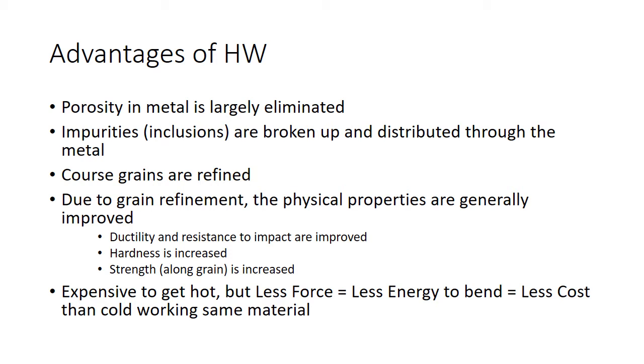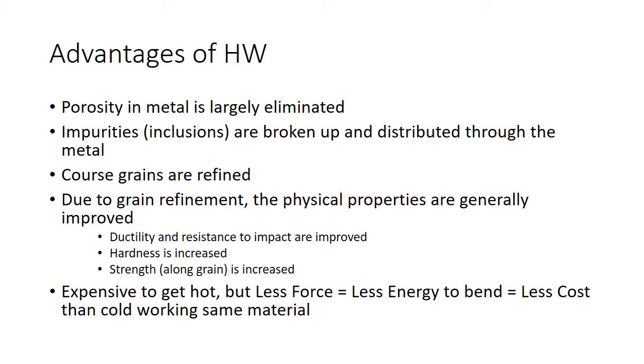The other thing that you can do is that if there are any gaps, holes, or porosity, steel surprisingly is porous fresh out of the mill, and if you pound it out, that porosity is eliminated, and some impurities can be broken up and distributed.